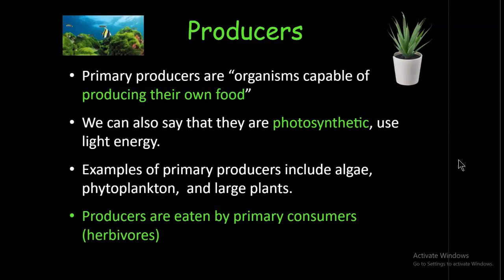Any plants you see. And they are eaten primarily by primary consumers, so they would be herbivores in our case. People that only eat vegetables are called vegetarians, and they would be primary consumers as well.